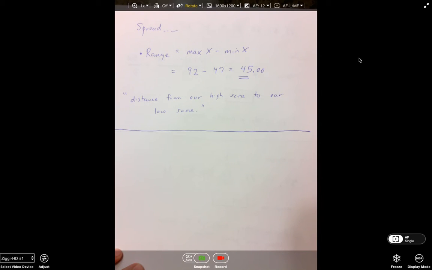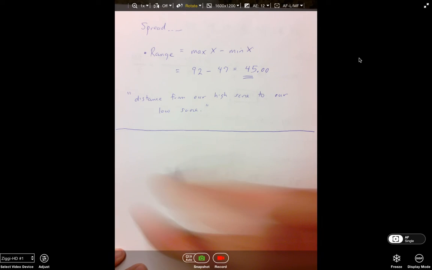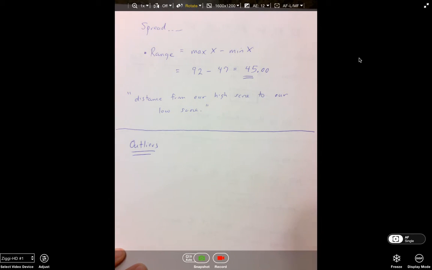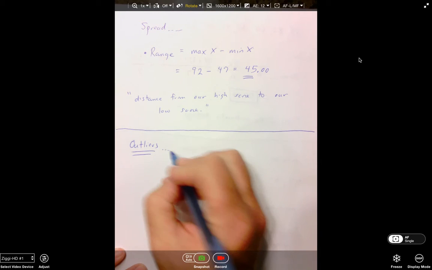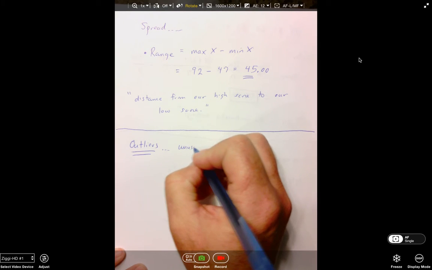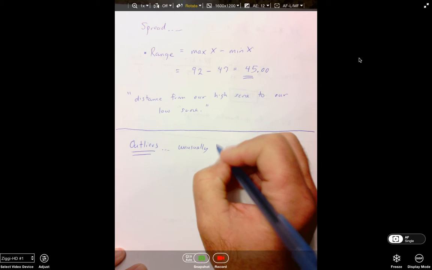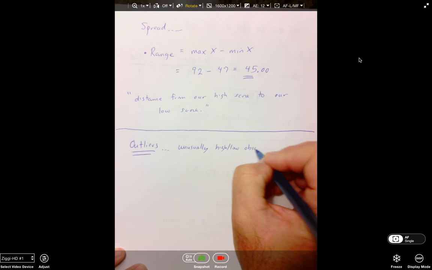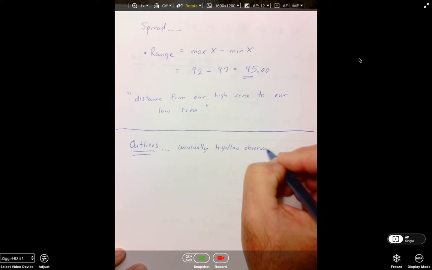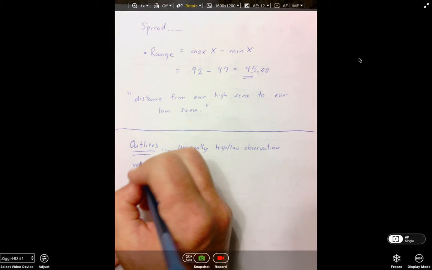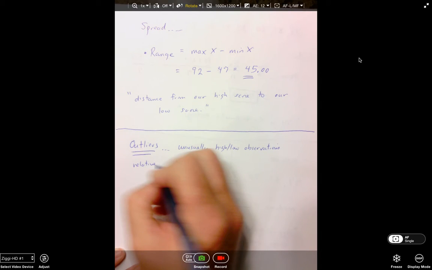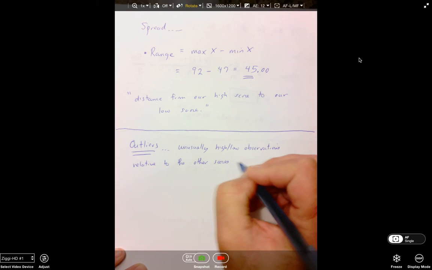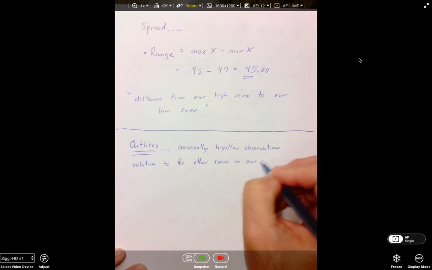In statistics, we run into things called outliers, and outliers I would define to be unusually high or low observations relative to the other scores in our data set.